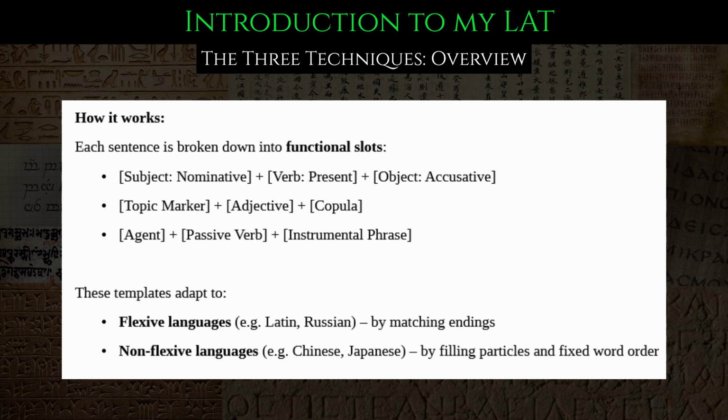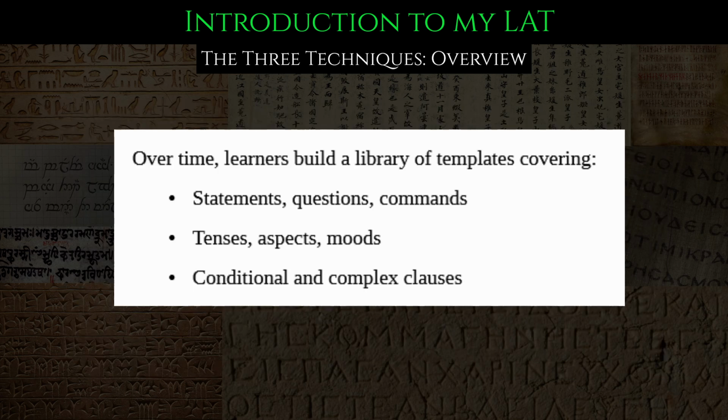But it also works for non-flexive languages, for example Japanese or Chinese, simply by filling particles and fixed word order. So, over time, learners build a library of templates covering statements, questions, commands, tenses, aspects, moods, and even conditional and complex clauses.